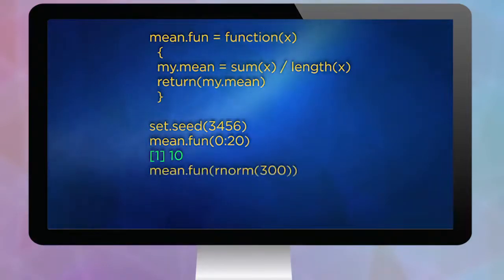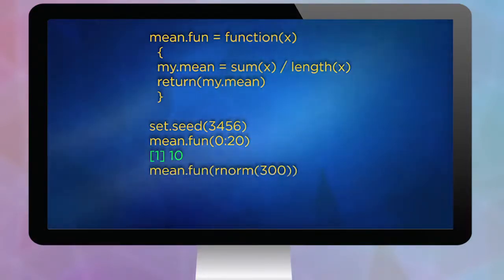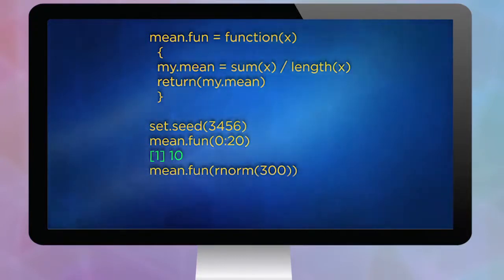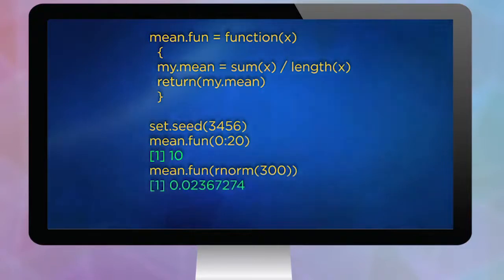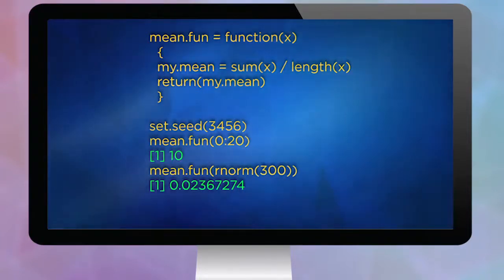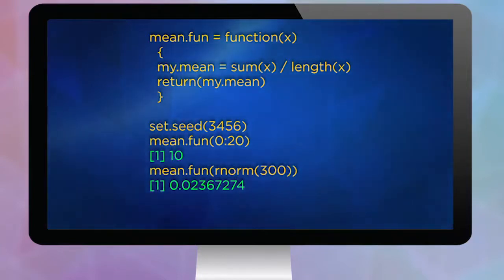And here we've simulated a random normal sample of size 300 with a mean of 0 and a variance of 1. Notice when we apply our mean.fun to that data, we get a mean of approximately 0.02. And while the mean function has only one input, say the vector x, we can also extend our function to define multiple inputs.